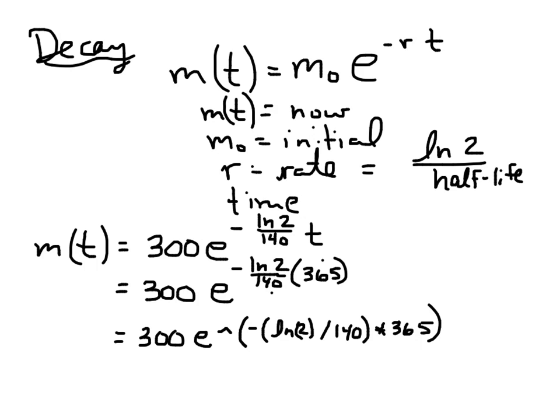It's a lot of parentheses, but what happens here is that you're taking the ln of 2 divided by 140 first, then you're timesing it by 365, then you're taking it to a negative power, and then putting that to the e. So be careful with how you type it in. If you chunk it, that might be a little bit easier, but if you're going to do it all in one step, that's how I would end up typing it in.